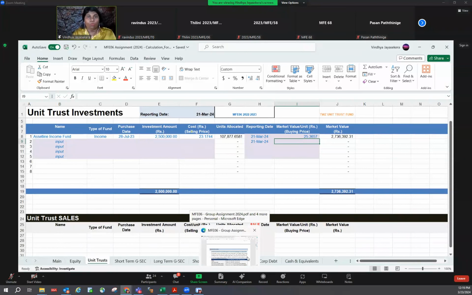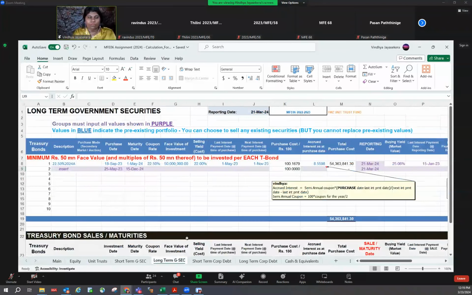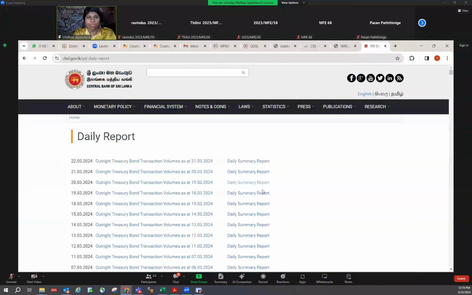We'll go to it in more detail. We'll look at, for example, your bonds. When you have to enter, you have to say, okay, which bond do I want to buy? So for example, what you will use is from the central bank website, you download on the 22nd of March the summary report.